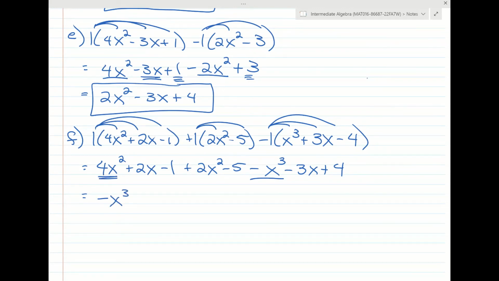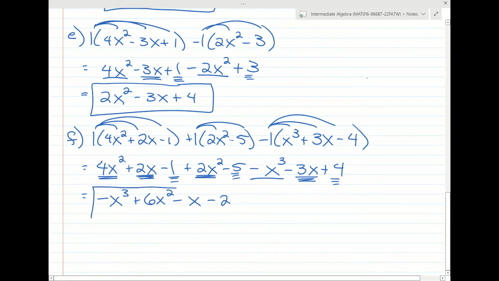Then we have 4x squared, 2x squared, so that's 6x squared. 2x, negative 3x, and then negative 1, negative 5, and positive 4. So negative 6 plus 4 is negative 2. Let's say you do something like that.